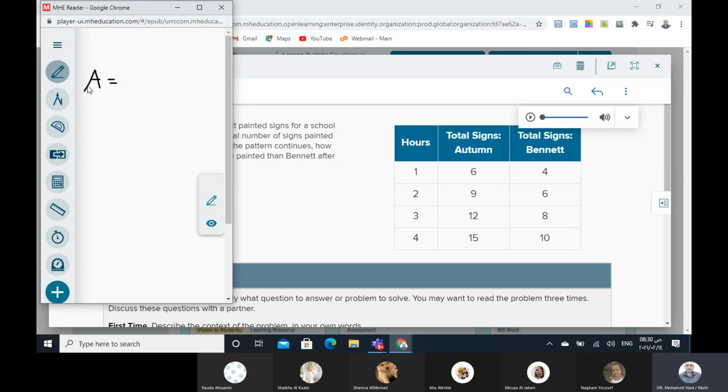Can I write here A equals 6H, for example? Is it right? No. So, what is the right equation?